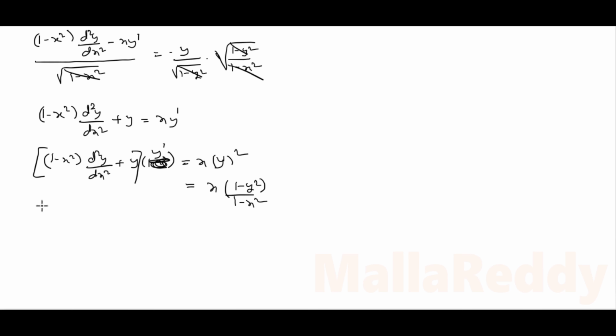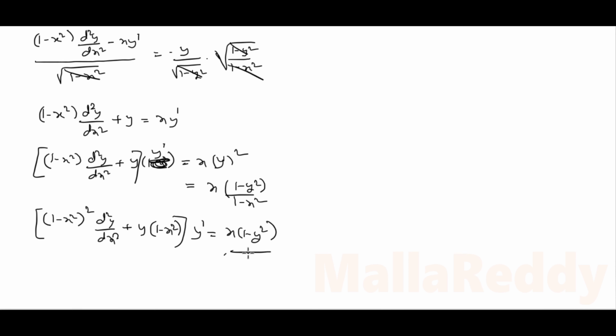Take 1 − x² this side, that is (1 − x²)² d²y/dx² plus y into (1 − x²) y' is equal to x into (1 − y²). This is the answer.